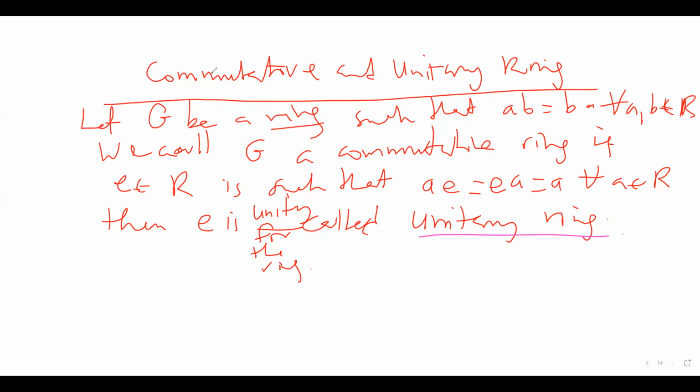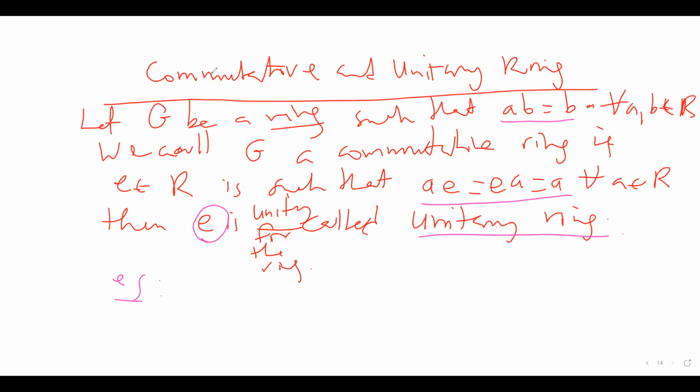Okay, so very simple to determine the commutativity. You need a ring that satisfies this condition, and you say it's commutative if this condition holds, and then e here is the unity, so it is a unitary ring.